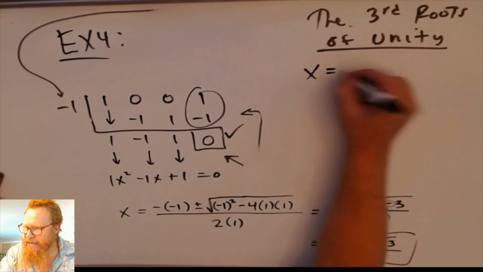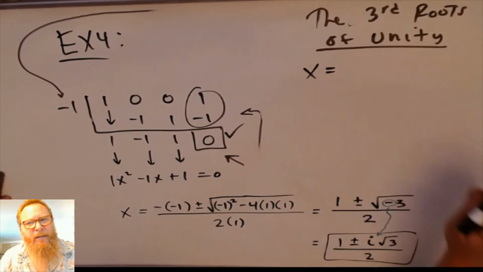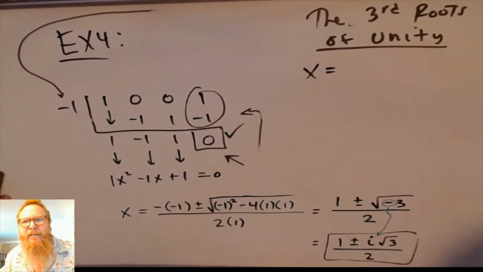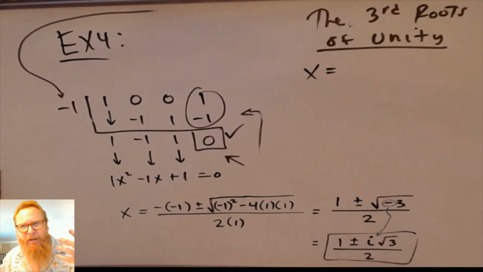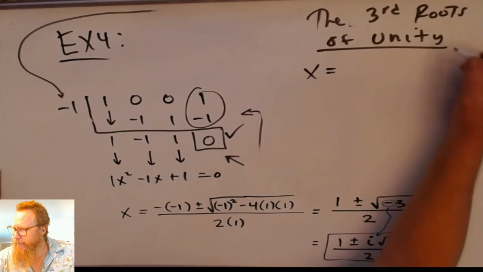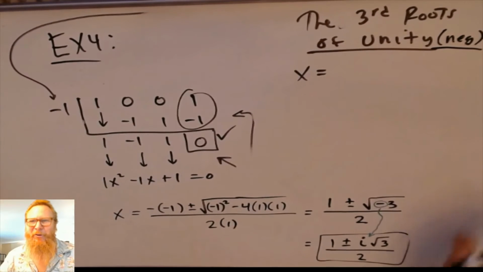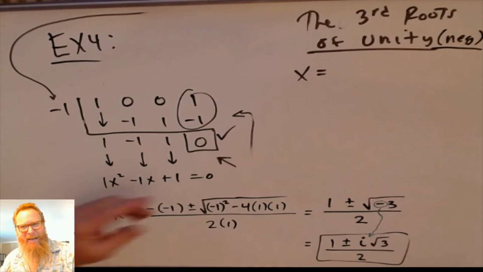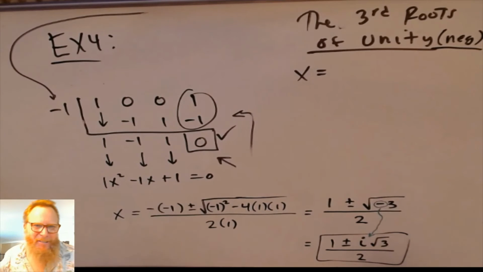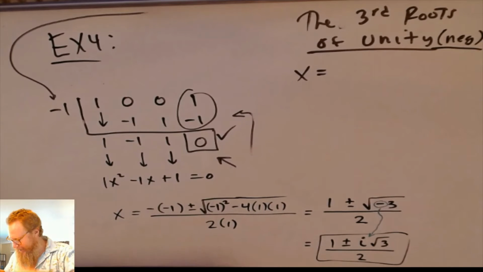Why unity? Uno, yeah, 1. So these are the 3 roots of negative 1. Yeah, I guess it's negative unity, the roots of negative 1. You can do a similar process for positive 1 if you like.